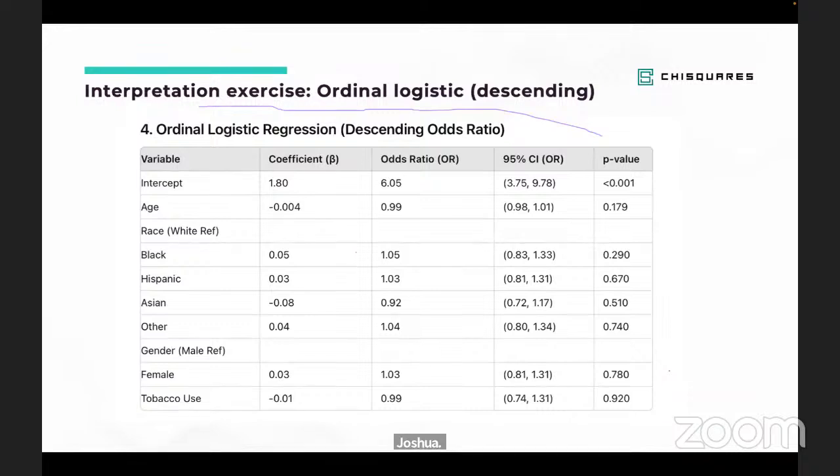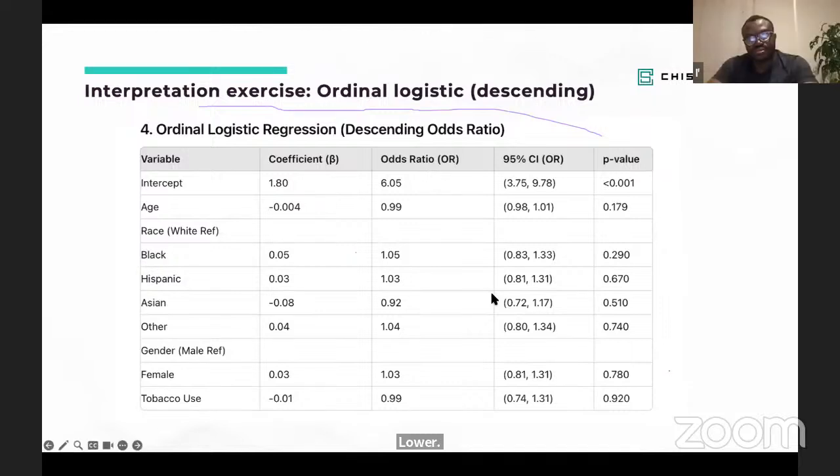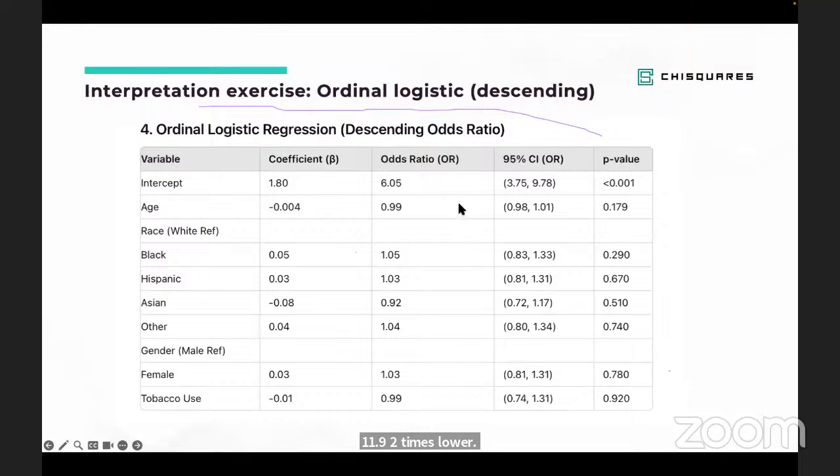Okay. So for the Asian, compared to white, Asians are 0.92 times lower odds of... I'm getting confused here.